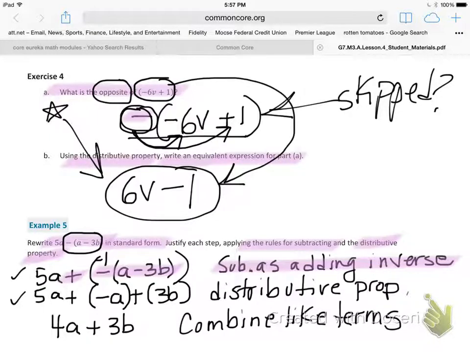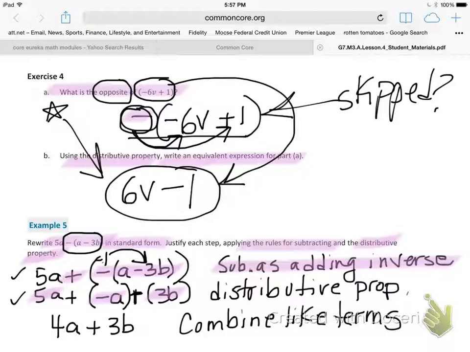So negative 1 times a was negative a, and then negative 1 times negative 3b is a positive b. So that was plus 3b, positive 3b. Now I'm left with three different terms separated by plus signs.